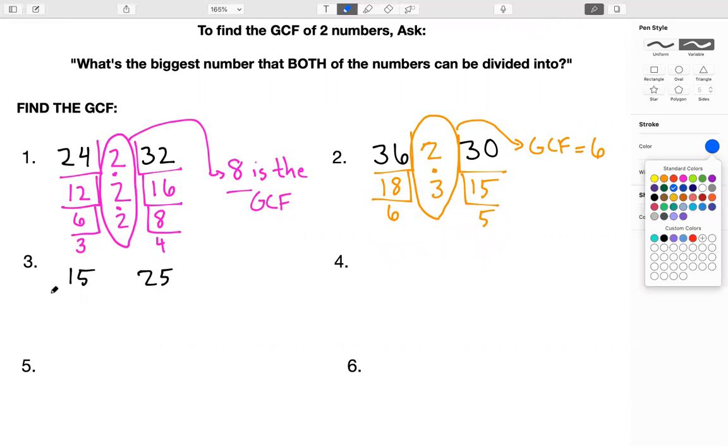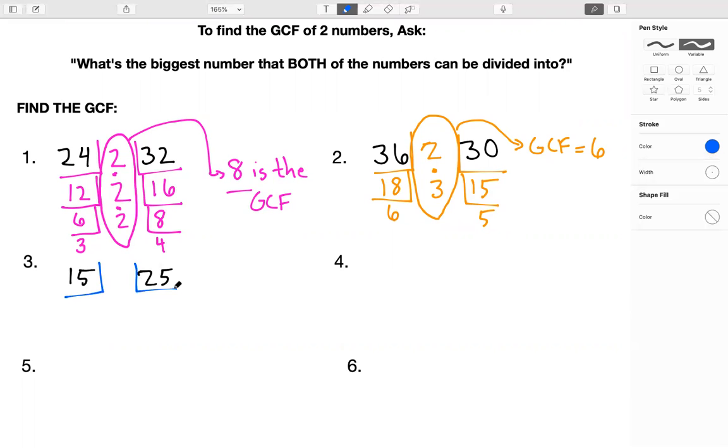Assuming you've tried it, 15 and 25 can both be divided by 5 since they both end in 5. So let's divide out 5. 15 divided by 5 is 3. 25 divided by 5 is 5. And 3 and 5, well, they don't have a common factor anymore.